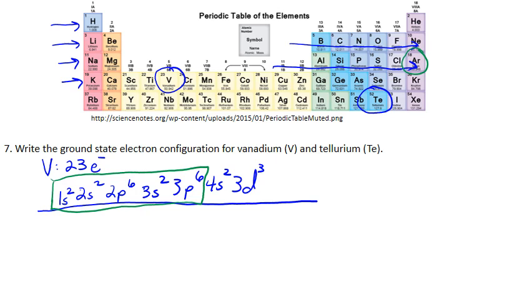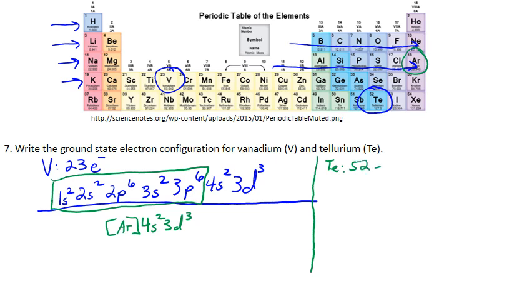So instead of writing all that out, I could just simply put argon in brackets to let that represent the electron configuration up to that point. And then I would simply just finish by saying 4s2, 3d3.